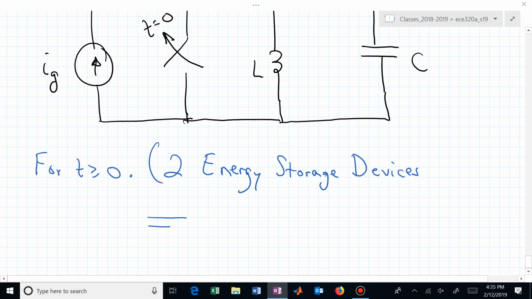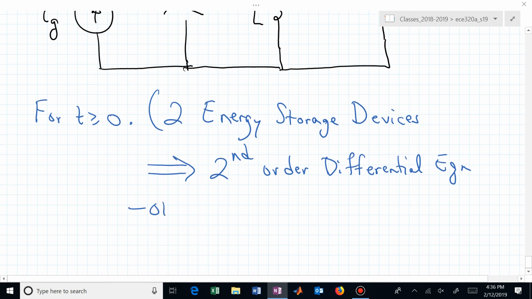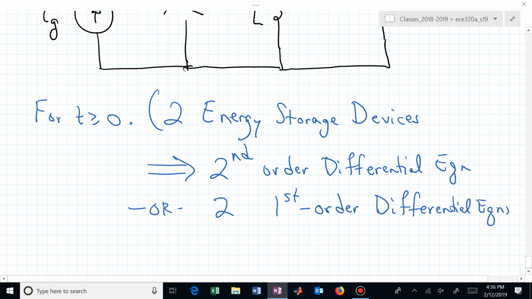And that now says that we have a second-order differential equation or 2 first order differential equations.